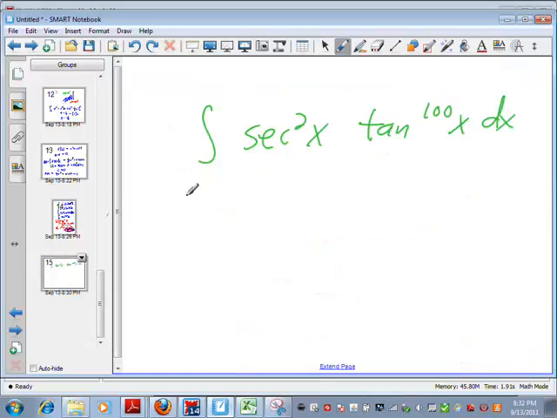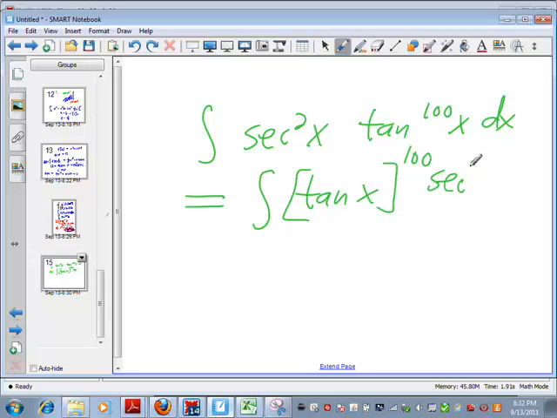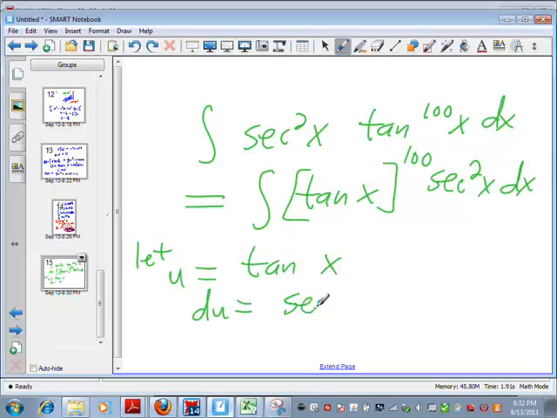We're not going to be intimidated by this. We're not afraid of math symbols, right? I can hide it from you, but not really. This is what I mean. And then of course this just screams, you let u be tangent, du is secant squared x dx.